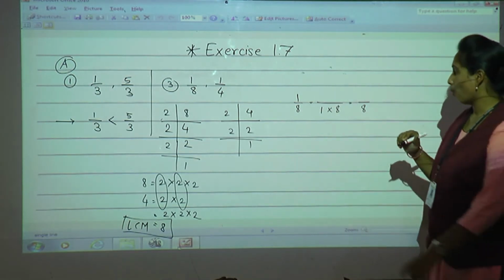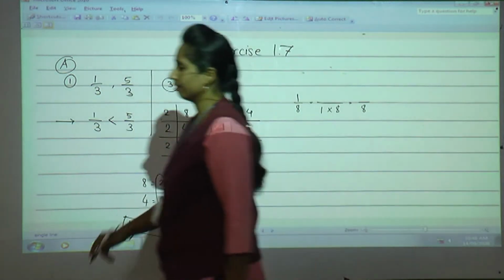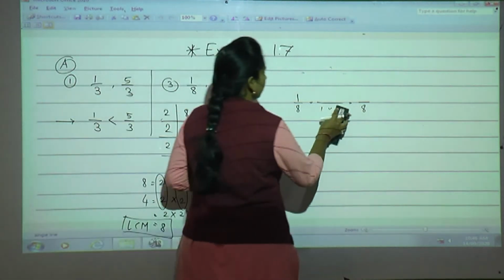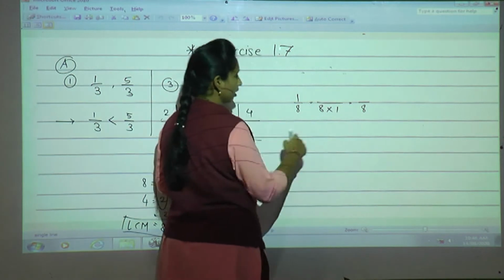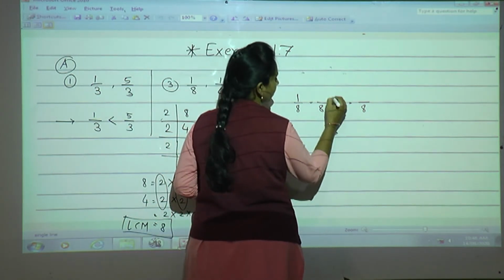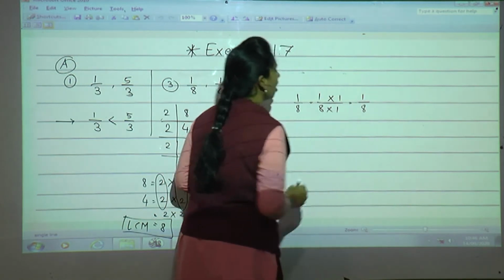Isn't it? Now I'll write it this way. First I'll write this number, 8 multiplied by 1. So if we have taken 1 to multiply in the place of denominator, we have to take 1 in the numerator and keep the number as it is. 1 1 is 1.